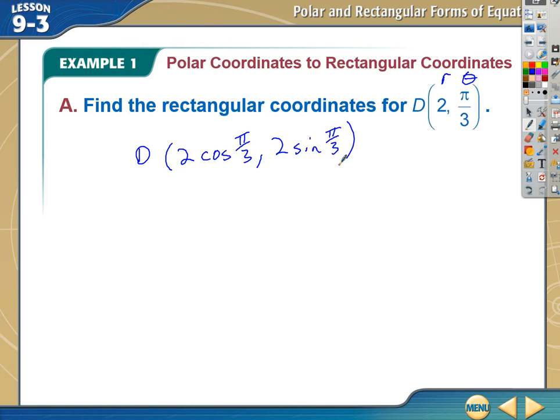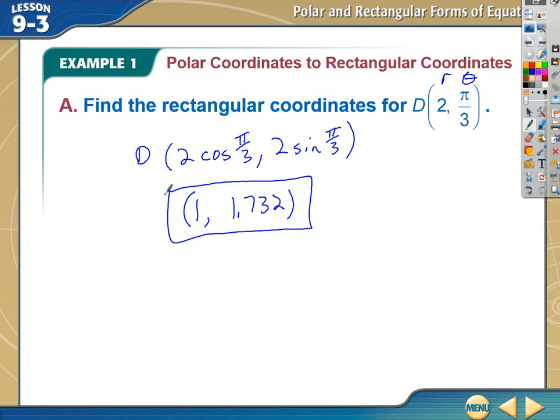Once you put it in your calculator, it will give me 1 comma 1.732. And there's my answer. That's about as straightforward as it gets.